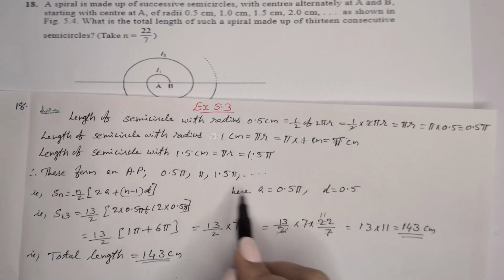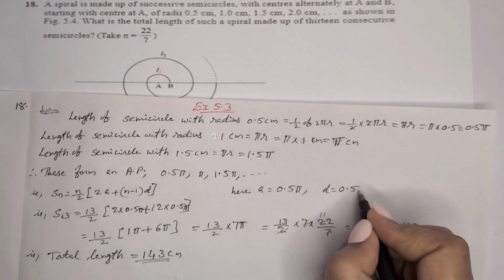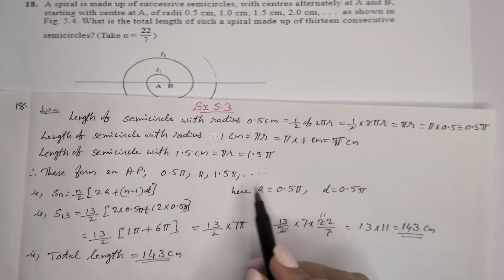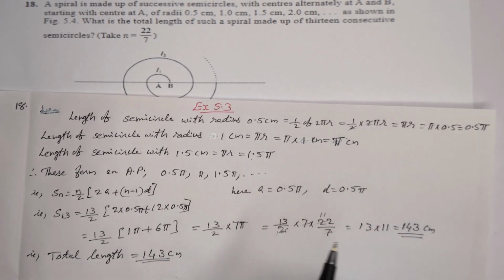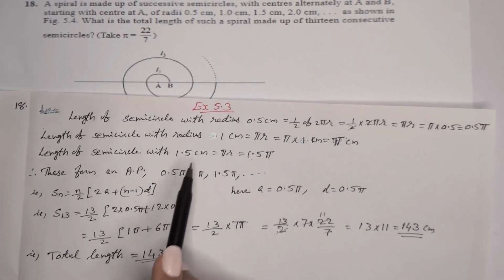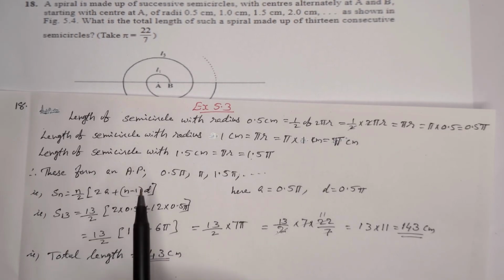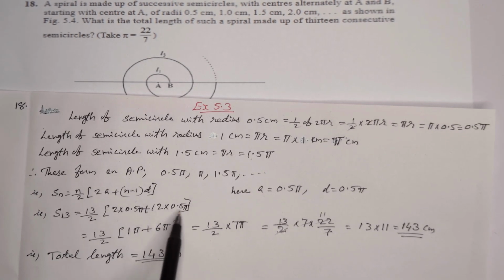And here a is the first term, that is 0.5 pi, and d also is the same way, the difference, that is 0.5 pi. Then for the sum, 13 terms are there. 13 semicircles are there. So S13 is equal to 13 by 2 into 2 into first term plus n minus 1, 13 minus 1, 12 into 0.5 pi. 2 into 0.5 is 1 pi.